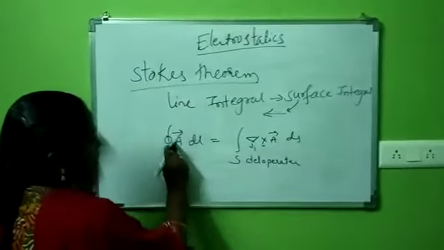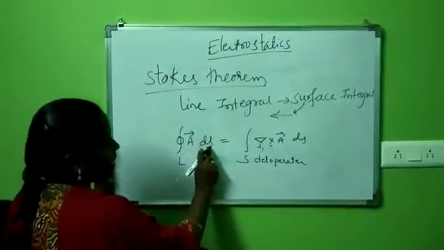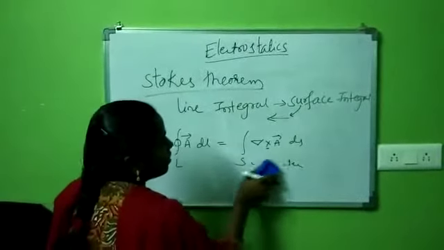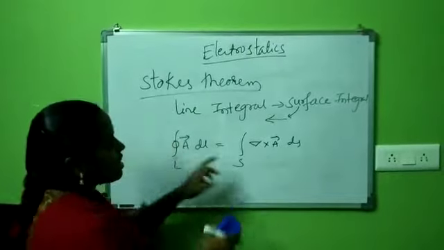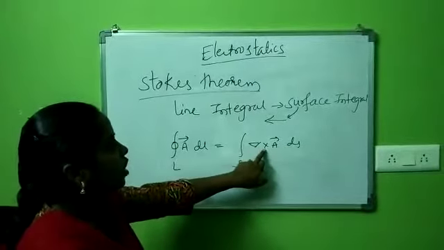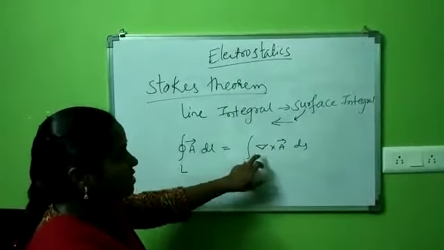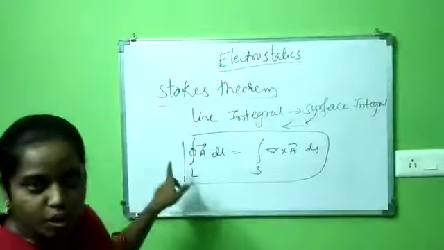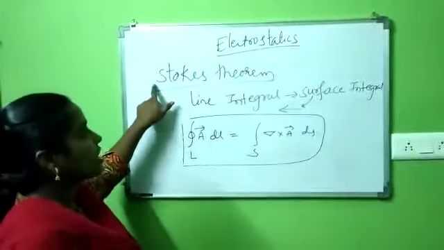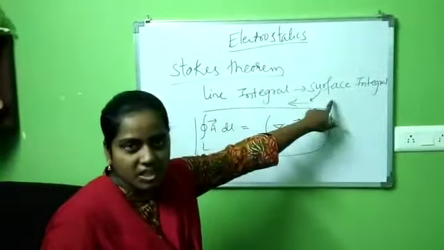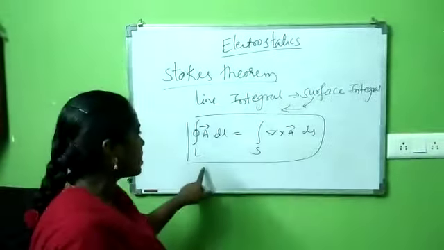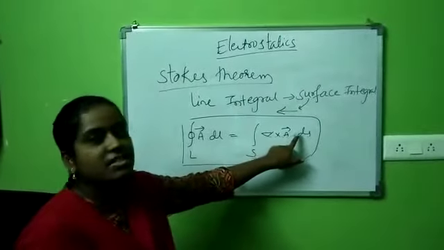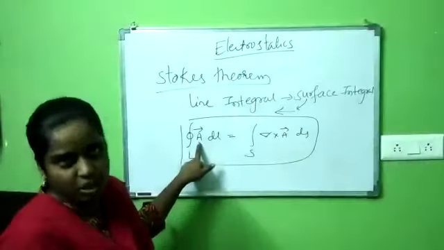So the integral of A dl with respect to the line equals the surface integral of del cross A ds. This is the statement of the Stokes theorem, which is important for the competitive bits. The equation is the line integral of A dl equal to the surface integral of del cross A ds. Here A is any vector you are considering.